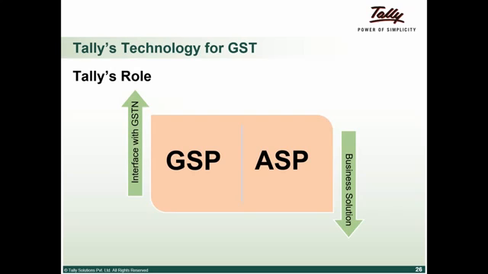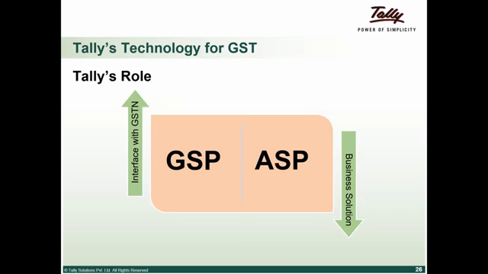Now let us assume that everything goes fine and we become a GSP. Since Tally would be both a GSP and an ASP, this GSP-ASP combination is like the best couple in the world, a very understanding couple.